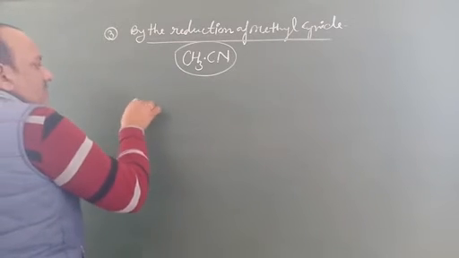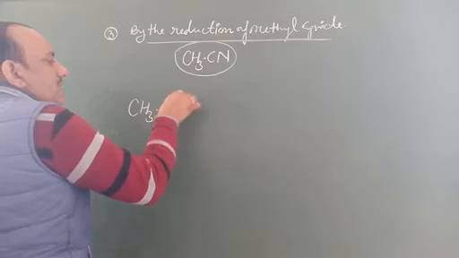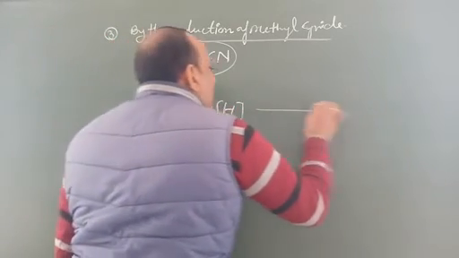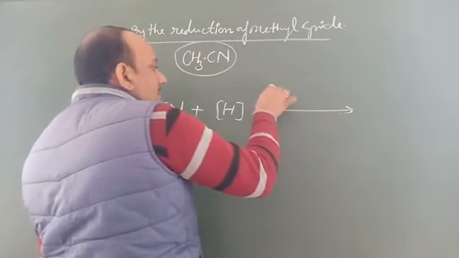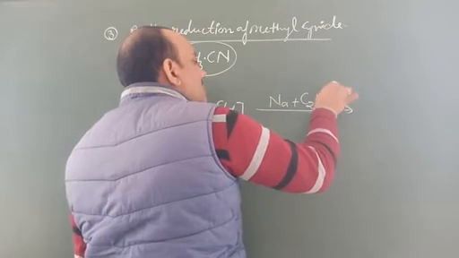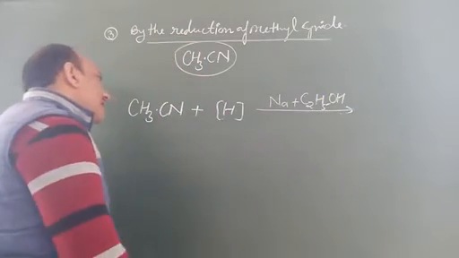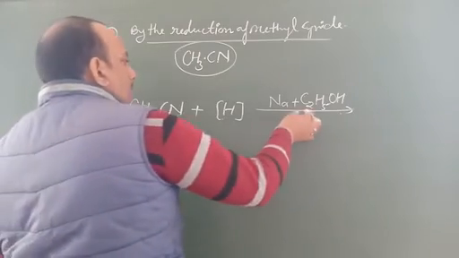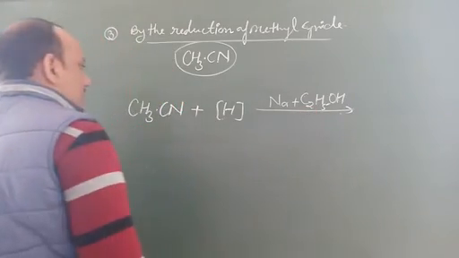In the case of reduction, CH3CN is reduced by nascent hydrogen. It is provided by the mixture of sodium and ethanol, C2H5OH. So we say the reduction of methyl cyanide by sodium and ethanol mixture.